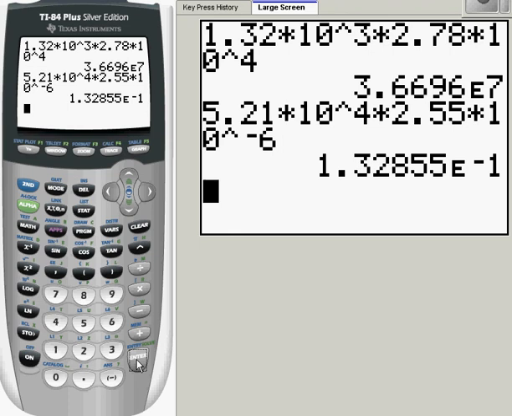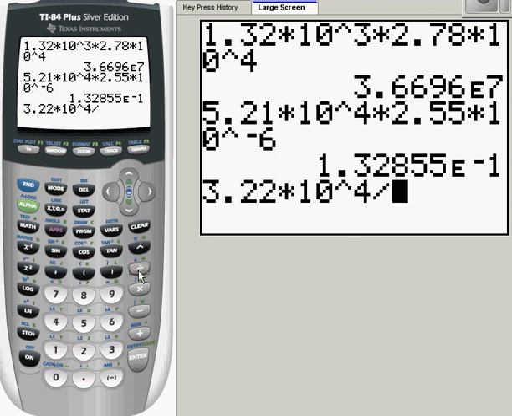So again, that's 3.22 times 10 caret 4, that's my numerator, divided by parentheses to start my denominator, 2.13 times 10, and this time I can just use the squared button because I have a x squared button, but you could use caret too, it wouldn't make any difference.